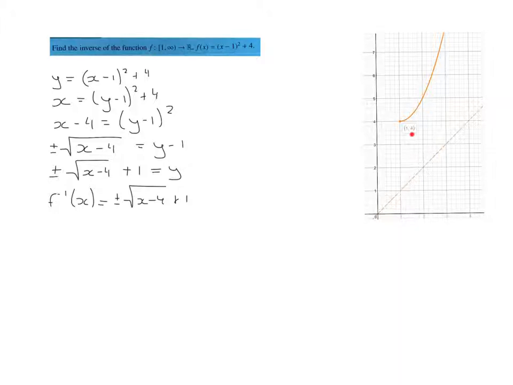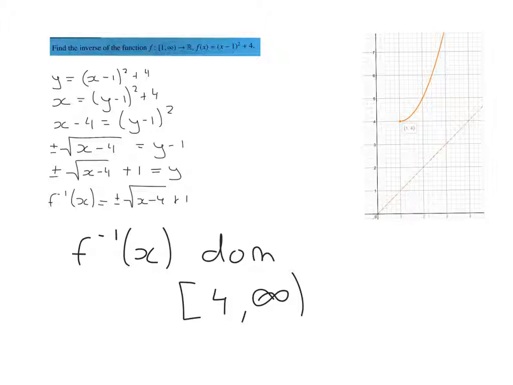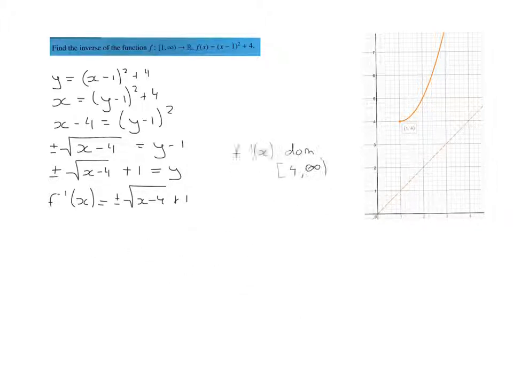So for this one, the smallest y value is 4. That means that the inverse's smallest x value is going to be 4. So therefore, I can say that the inverse function's domain goes from 4 all the way to infinity. And I will show you that by graphing both and inserting it for you here.